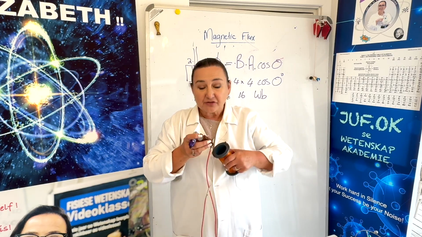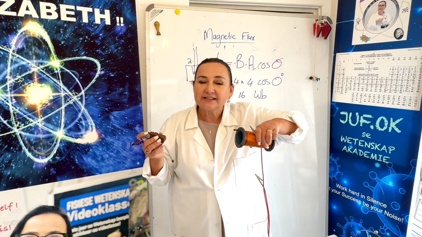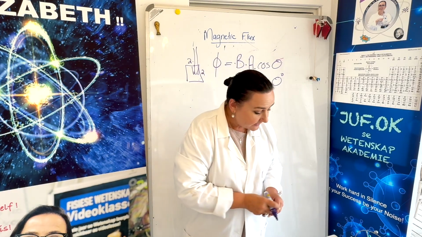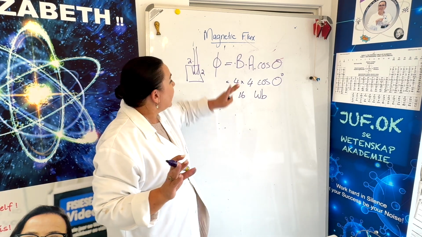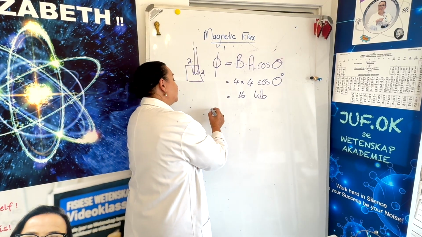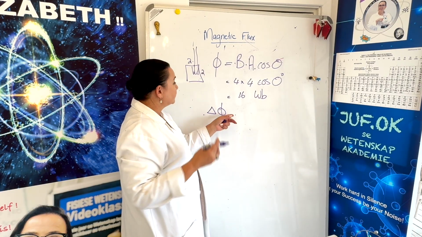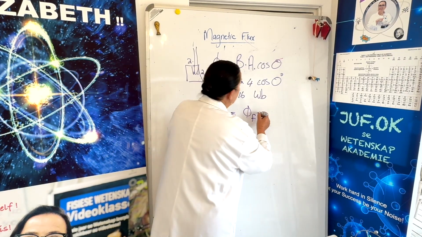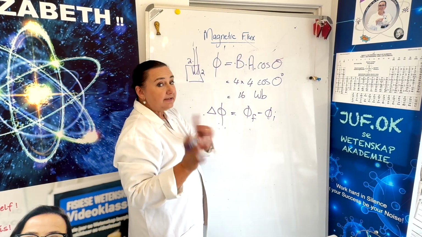And it is the rate at which I change the magnetic flux that's going to determine the magnitude of my EMF. So if I want to have a high EMF of I don't know how many volts, I have to change the magnetic flux. Therefore, we have to work out the change in magnetic flux, and to determine that, we say the final magnetic flux minus the initial magnetic flux. So there should be some kind of a change.